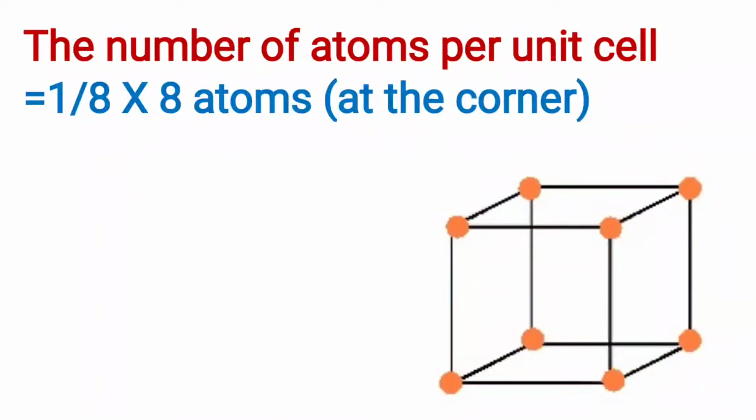So if only 1/8 portion of an atom belongs, how many such atoms are there? There are 8 such atoms. So 1/8 of every one of the 8 atoms at the corners should be a part of a given unit cell. So what will you get?